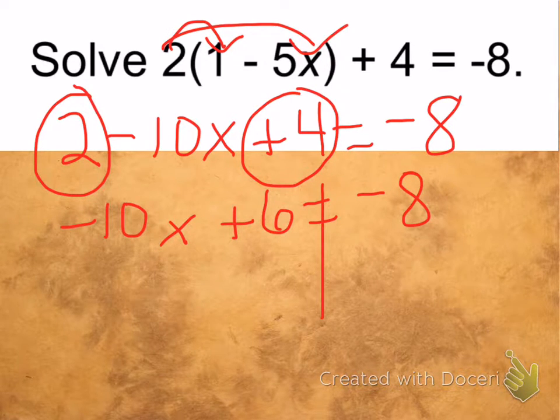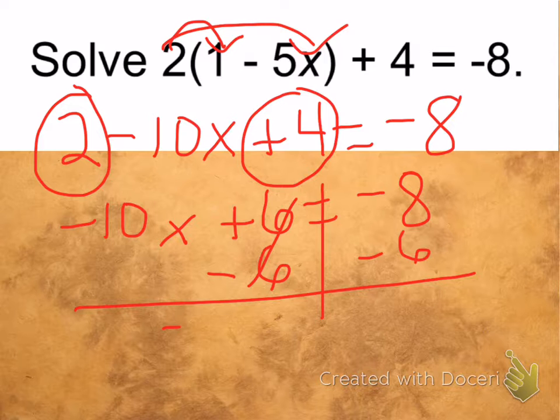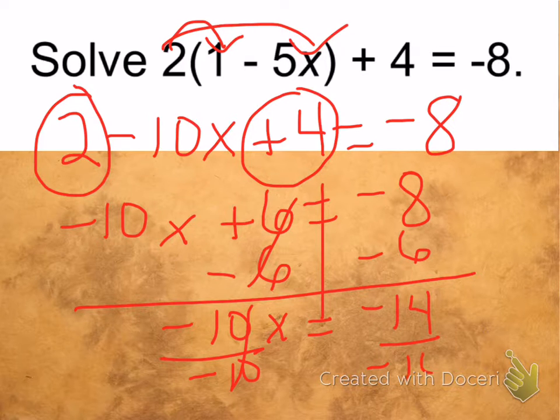Split the equation and solve the two-step equation. So minus 6, minus 6. So I have negative 10x equals negative 14. Divide by negative 10, divide by negative 10. So we could simplify this. So x equals positive 7/5.